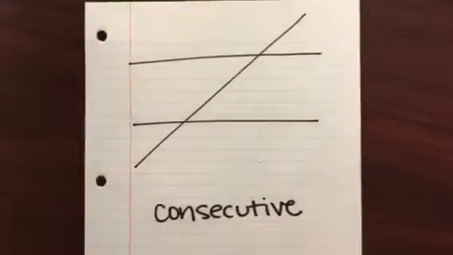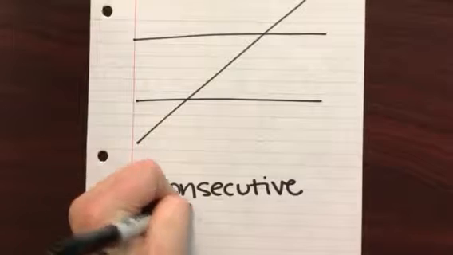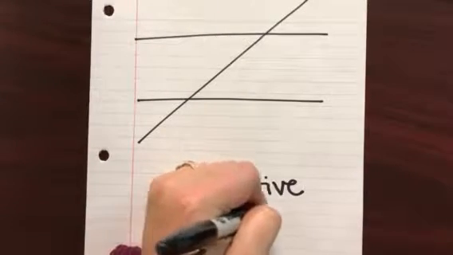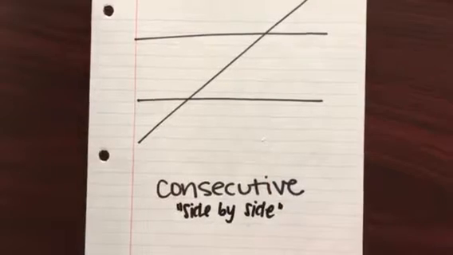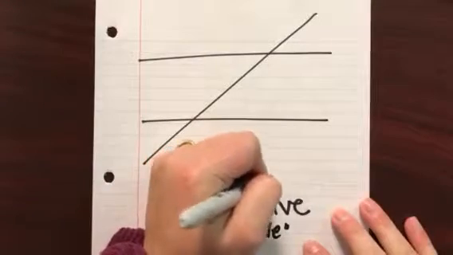Our final angle to look at are going to be consecutive angles, and consecutive essentially means side by side. Now, this is going to be the one angle that is going to be different than the types of angles that we have talked about so far, because these are not going to be equal angles.